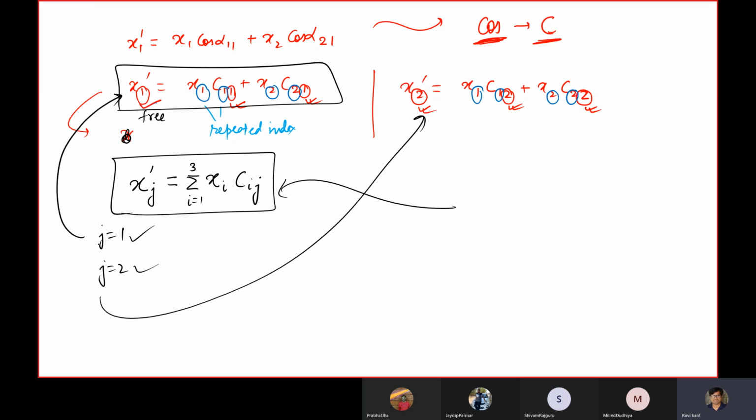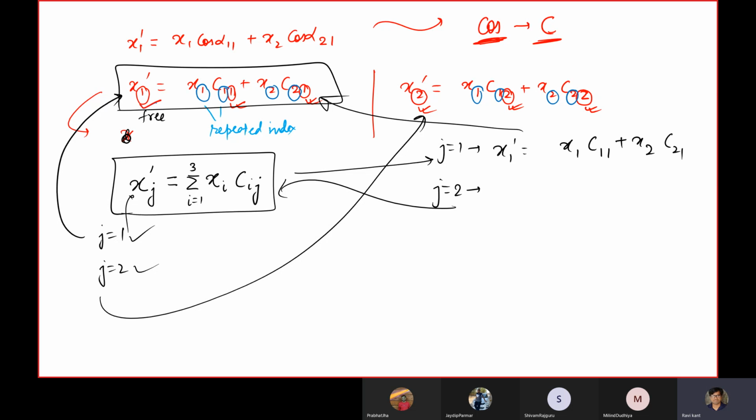How? When you put j is equal to 1, let's see. So x1 dash is equal to summation over i of x i c i 1, so x1 c11 plus x2 c21, and this is similar to the equation we have written here. Right? Now let's put j is equal to 2. x dash j becomes x dash 2, so wherever there is j, simply put 2.